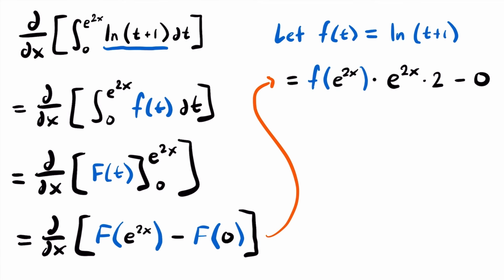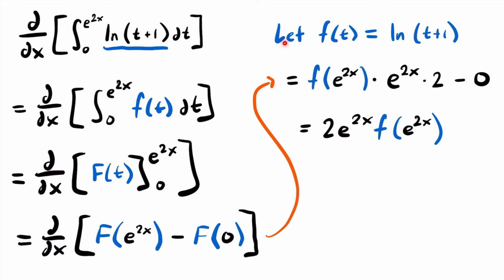So let's simplify what we have here. This will be equal to 2 times e to the power of 2x times small f of e to the power of 2x. Okay, I just reordered the multiplication here to make it look a little bit nicer. And now we're almost done. We have one more thing to do to finalize our answer, and that is to replace our function small f with what we set it equal to.